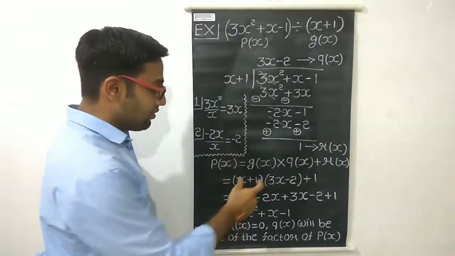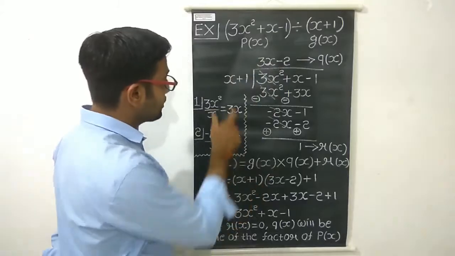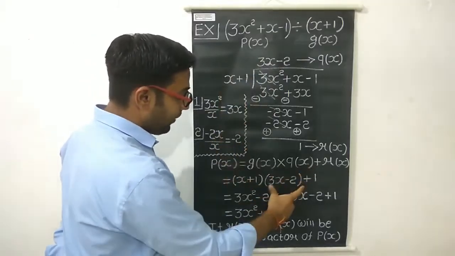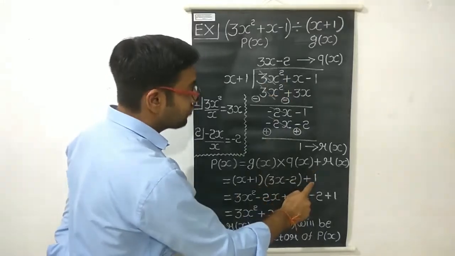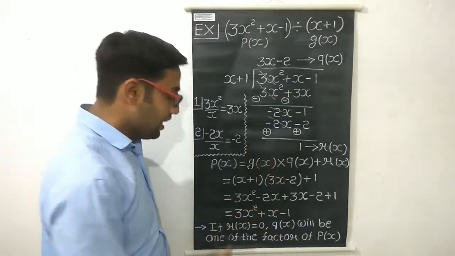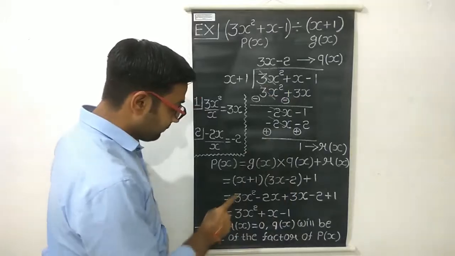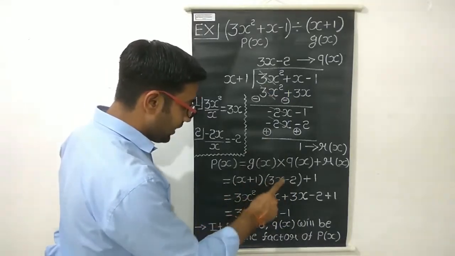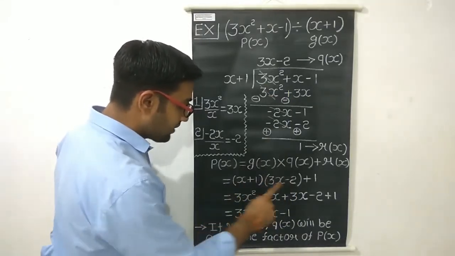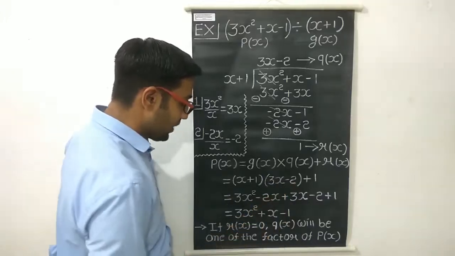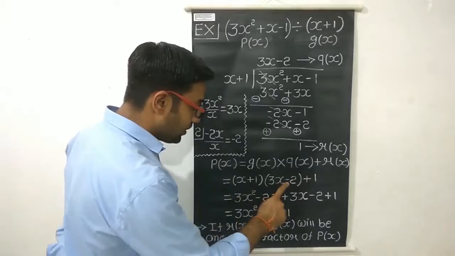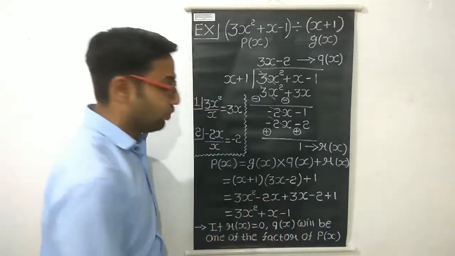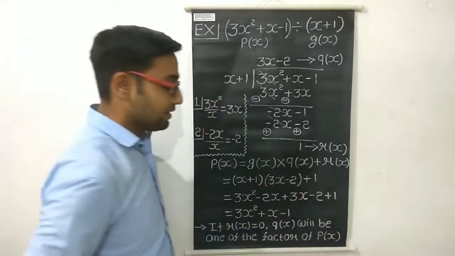To check this, put the value of g of x, that is x plus 1, and q of x, that is 3x minus 2, both in multiplication, and plus 1 in addition. By multiplying these two brackets, we will get x into 3x, that is 3x square, x into minus 2, that is minus 2x, plus 1 into 3x, that is plus 3x, and plus 1 into minus 2, that is minus 2. And this plus 1 remains as it is.